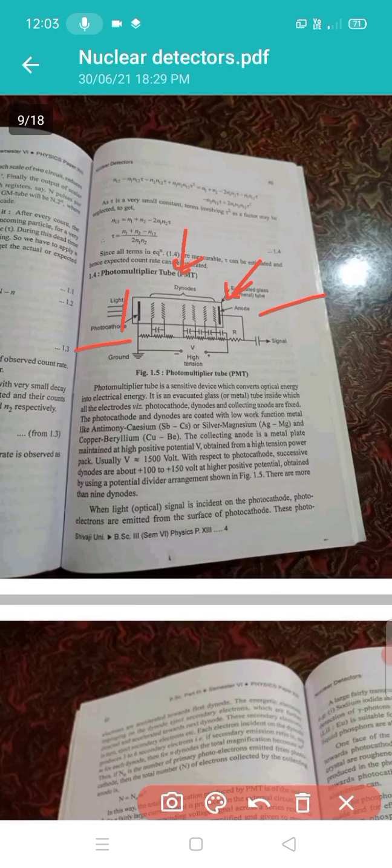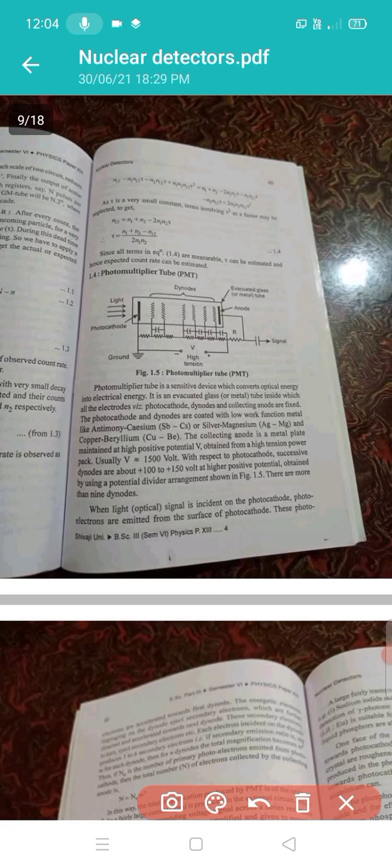More than 9 dynodes are used in the PMT. This is the construction of the PMT containing a photocathode, dynodes and collecting anode, all fixed in an evacuated glass tube.